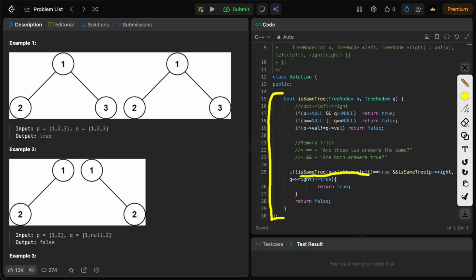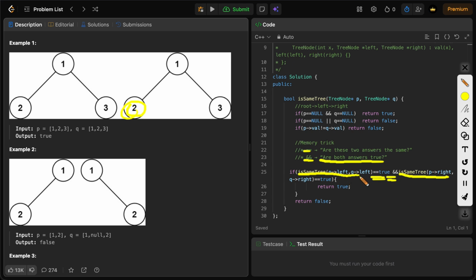Wait a minute, this line and this line are equal, but in that case our solution will not work, because equal to is used for comparing whether two answers are the same or not. But AND is used to check whether both answers are true or not. In this condition we would not be able to check the null values, the null condition.